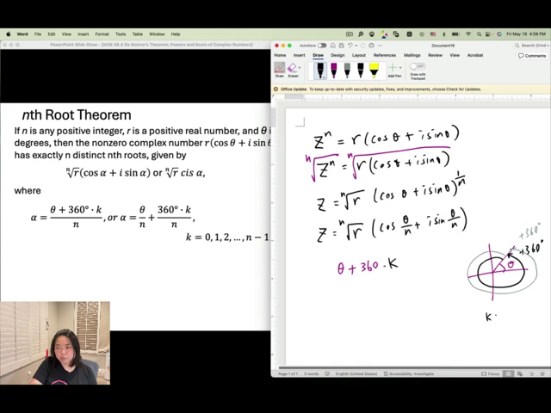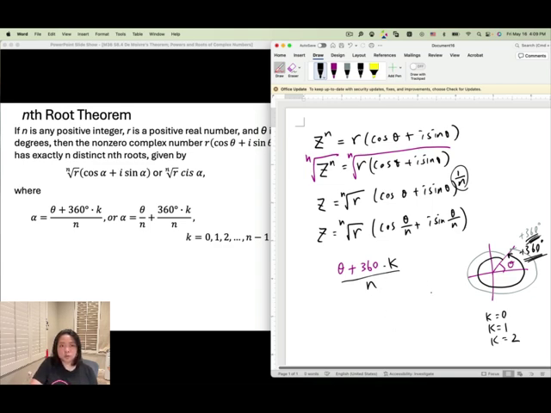When k equals 0, we are talking about theta. When k equals 1, you add one 360, the first coterminal angle. When k equals 2, you get the second coterminal angle. And then the over n comes from when we apply de Moivre's theorem.